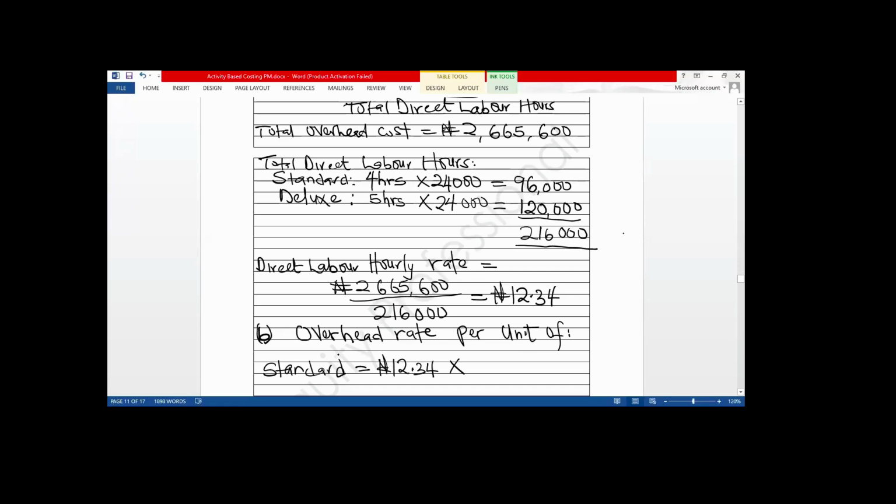I require 4 hours of labor and the hourly rate is 12 naira 34 kobo. Please multiply. That will give you the overhead per unit.